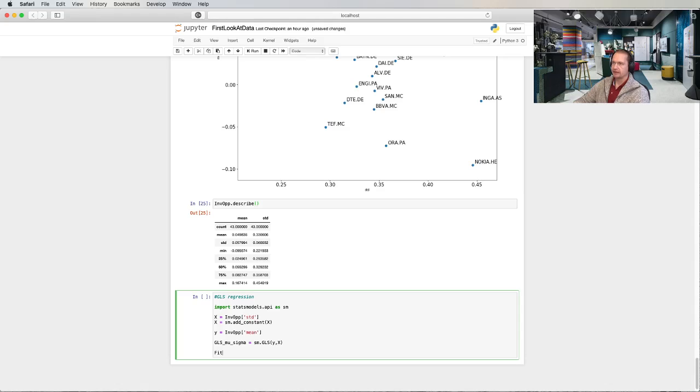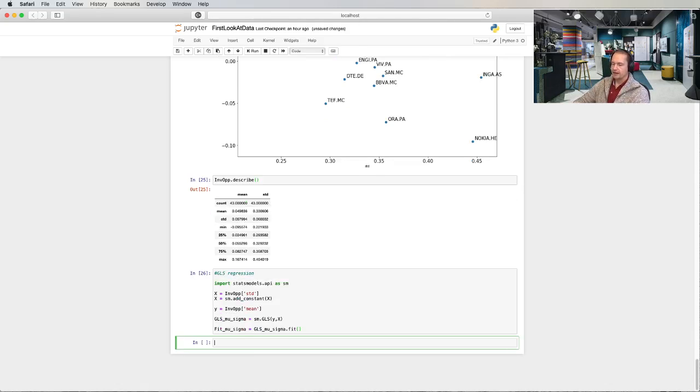So we are saying fit mu onto sigma, and let us take a GLS mu sigma object and just run a fit. Nice. That's what we do. And I don't know whether you know it. There's this dir command which I really like. dir(fit mu sigma), and now it shows you what are the functions that that object contains.